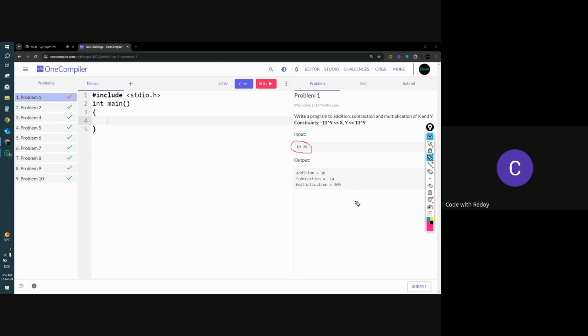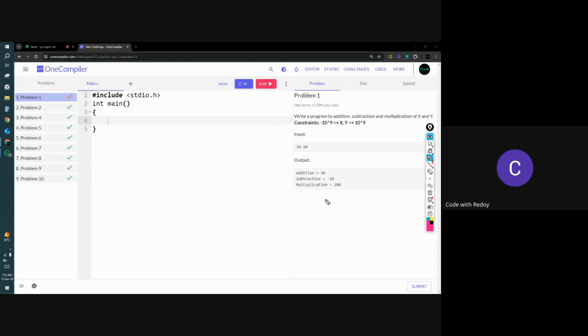The whole discussion for today's class is only about choosing the data type, which variable we are going to choose. So the solution is that you have to use the constraints to figure out which data type to use.